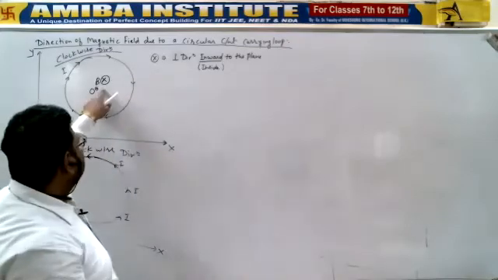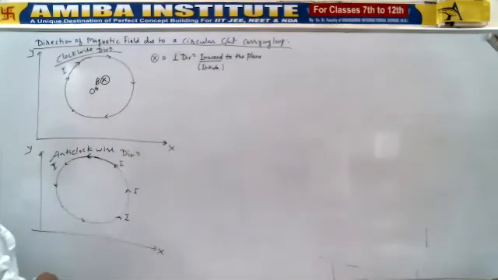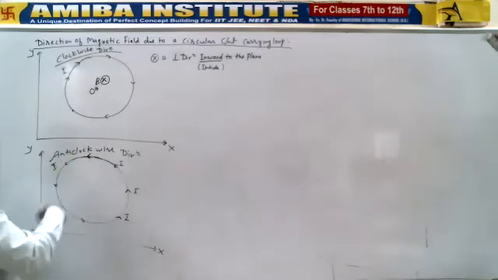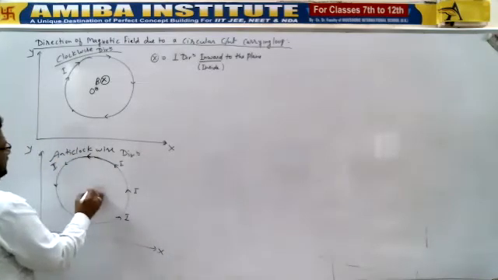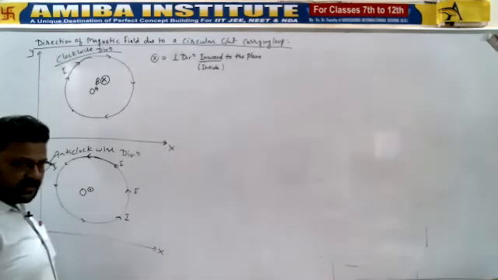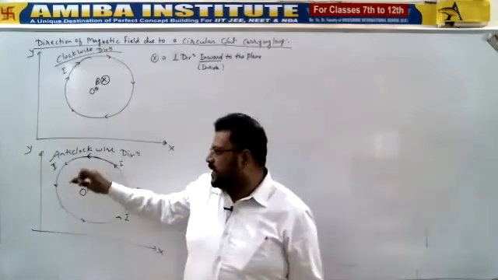So how can we represent it? By cross. Now let's suppose the current is flowing in an anti-clockwise direction. Then we got to know that the magnetic field was present at the center O in terms of a straight line near the center O, and it was coming out.